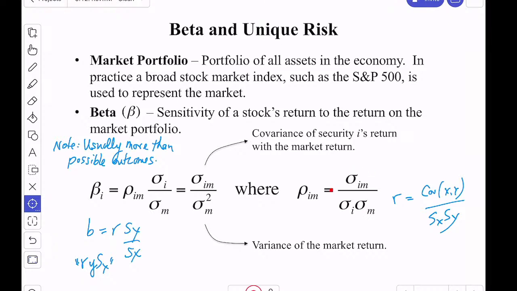Remember, this is just covariance of x with y. It's backwards, but I is the y and this is the x, because I always put market on there. And then this is the asset's standard deviation with the market standard deviation. So they are reversed, but it's okay. It's the same thing.